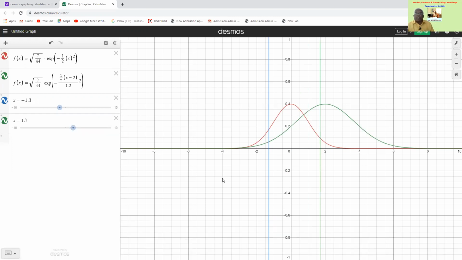You have a more serious problem when x is from minus 1.3 to 1.7. When you have x from minus 1.3 to 1.7, here you have a more serious problem of probabilities of misclassification.